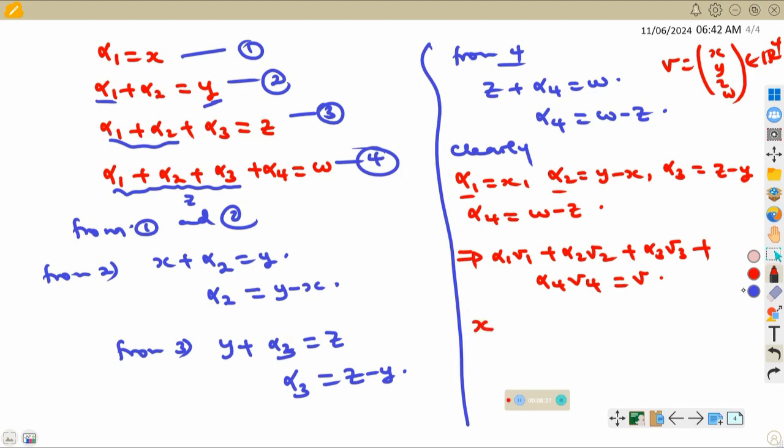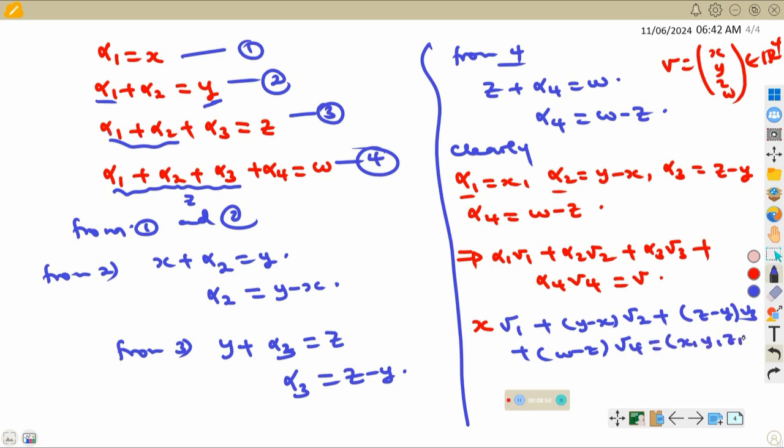So you can easily write x v1 plus y minus x into v2 plus z minus y into v3 plus w minus z into v4, and this is equaling x, y, z, and w.